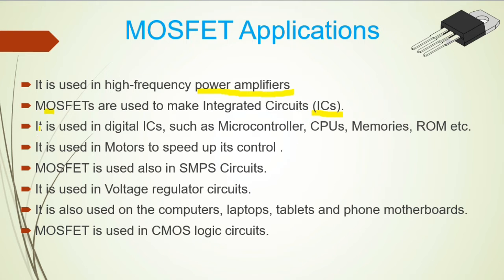It is used in digital ICs such as microcontrollers, microprocessors, CPUs. CPU means central processing unit. Also memories like RAM, for example, random access memory that we find in computer motherboards, laptops, etc. And also for the ROM, etc.